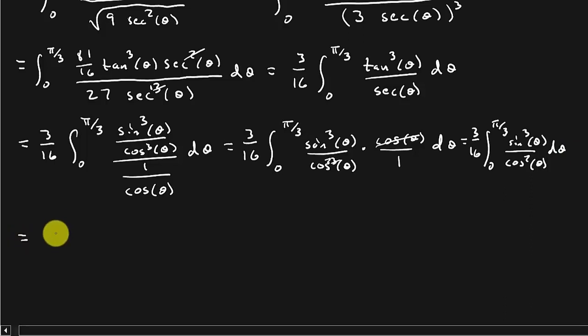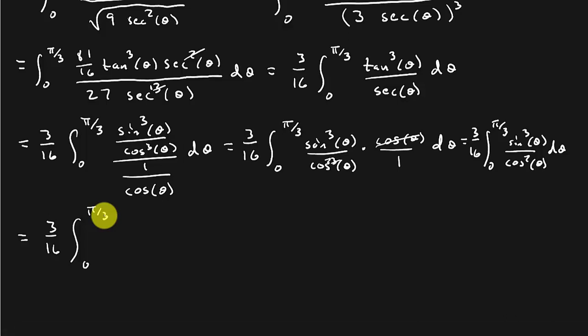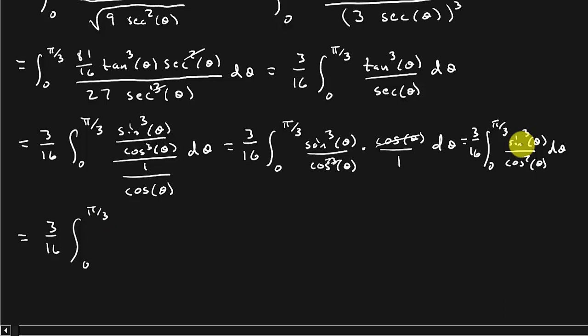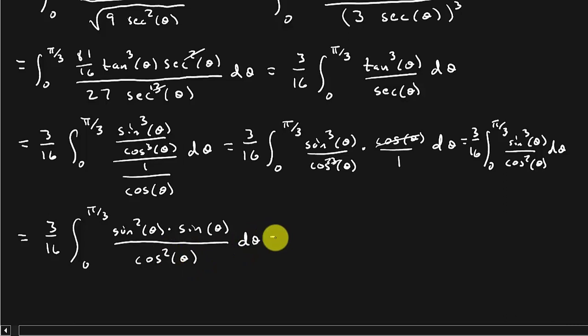Okay, so now what do we do? Well, this is going to be 3/16, 0 to pi over 3. Yeah, I thought this would be a nasty one, and it is. So we got an odd power of sine, so I'm going to save a factor of sine. So that's going to give me sine squared theta times sine theta over cosine squared theta d theta.